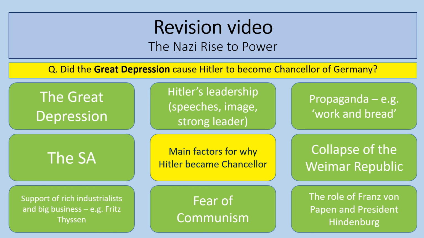The collapse of the Weimar Republic, the support of rich industrialists like Fritz Thyssen, fear of communism, that's very much a link to that one, and of course the role of Franz von Papen and Hindenburg in eventually appointing him Chancellor on the 30th of January 1933.